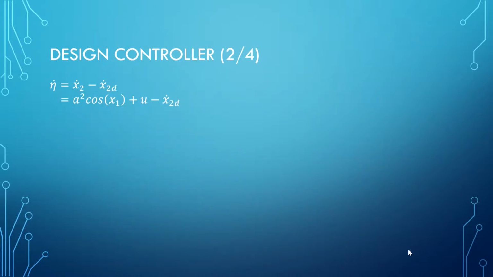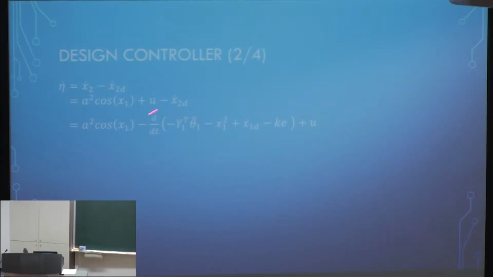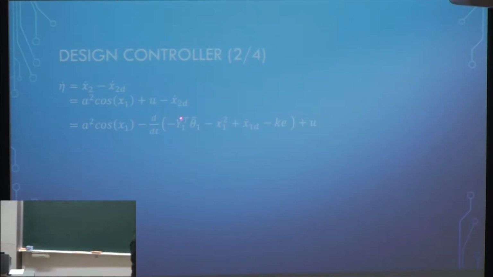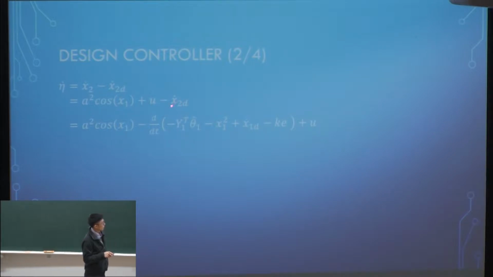The second system is more challenging because you have more unknown parameters introduced into the system. Remember that x2d is the virtual control input for the previous system, system 1.